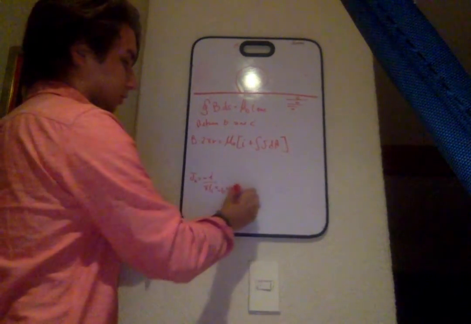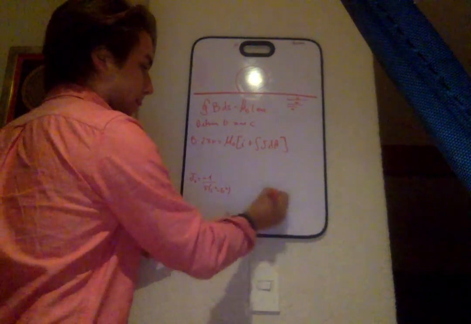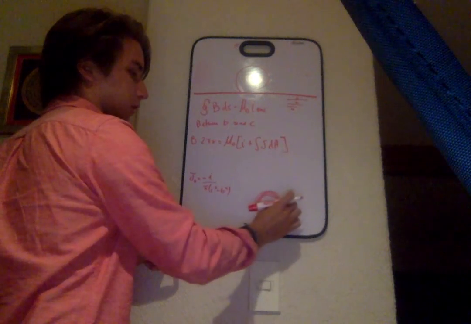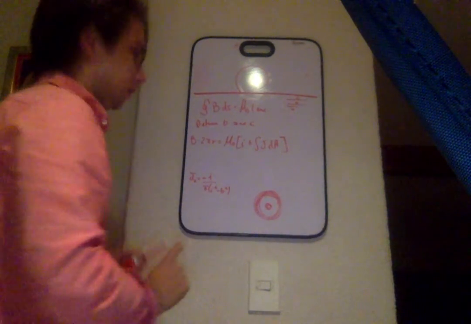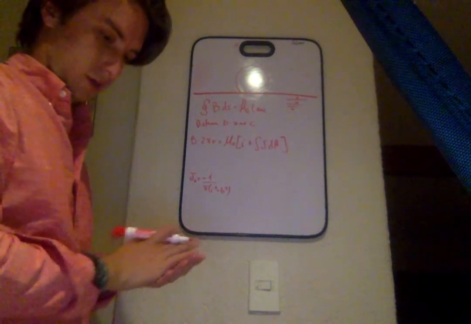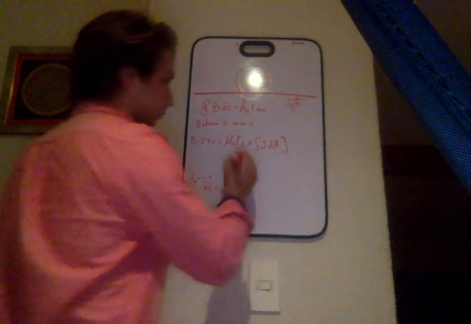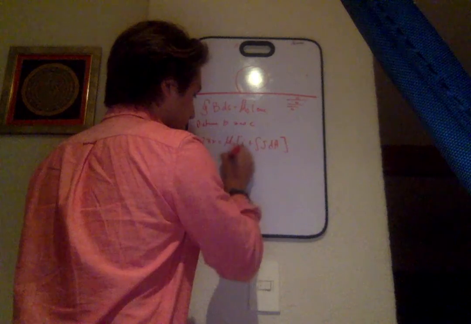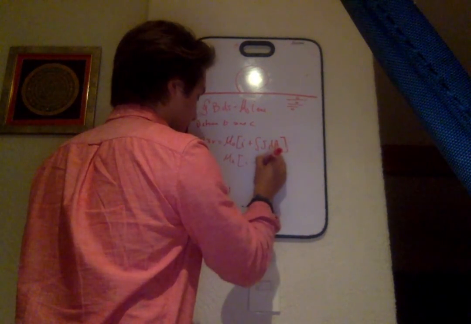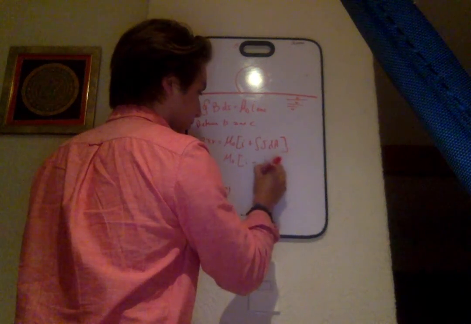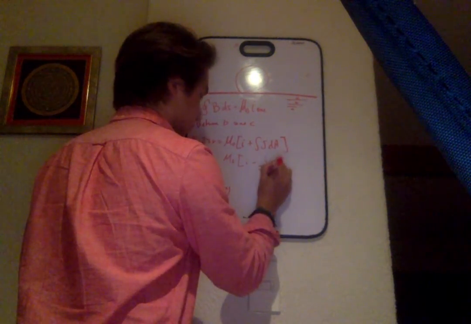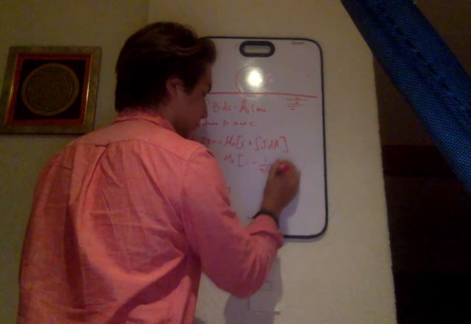So just like that, we're taking only this part, and we will have mu naught times minus I over pi c squared minus b squared.